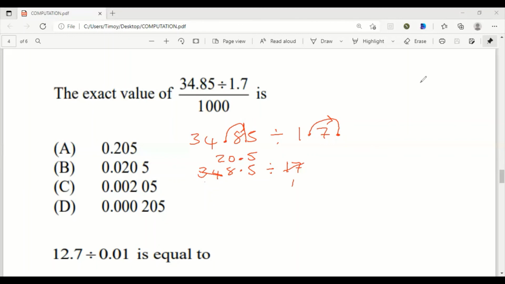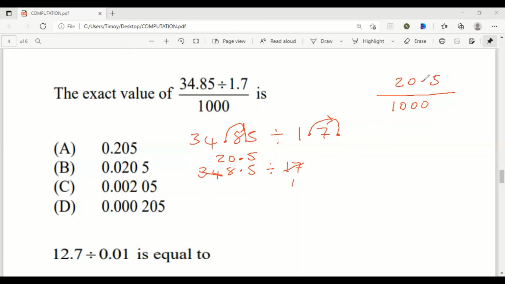So our numerator is now going to be 20.5, all of that divided by 1,000. Now the easiest way to look at this is to see that these zeros are moving the decimal place to the left. So when we divide by powers of 10, it moves the decimal place to the left. So we have 1, 2, 3 zeros.